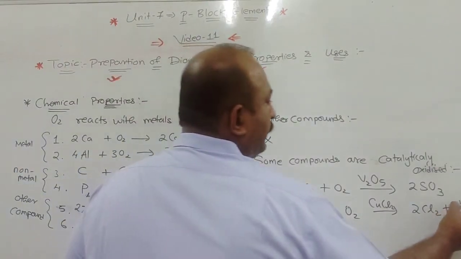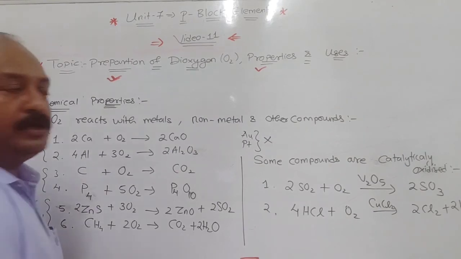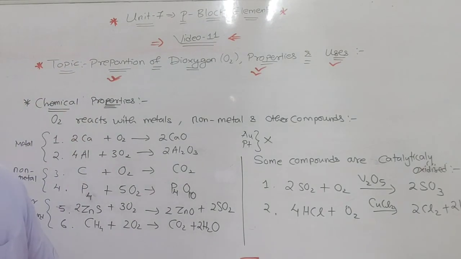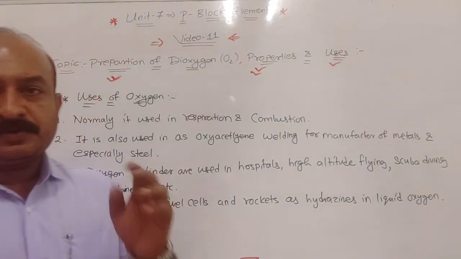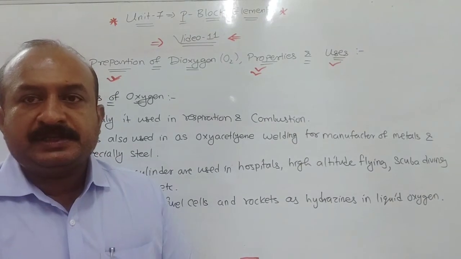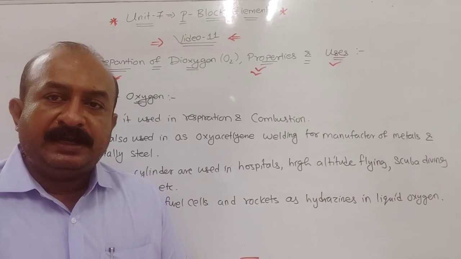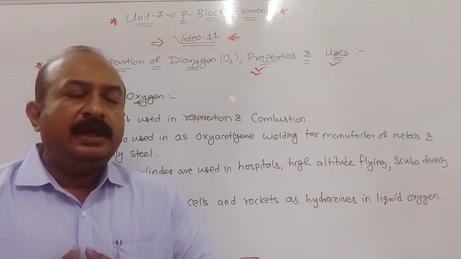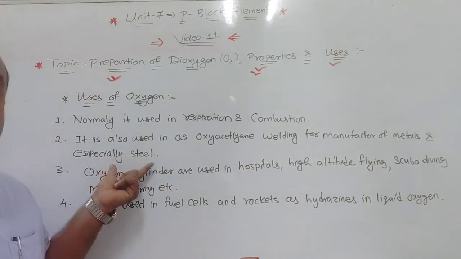Don't forget. Now properties are over. Now we will talk about uses. Many of you know, but we will discuss this just for a minute. Oxygen is used in respiration and combustion. It is also used in oxyacetylene welding, that is for cutting or joining two metals in welding work, and for manufacturing of metals and steel, especially steel.